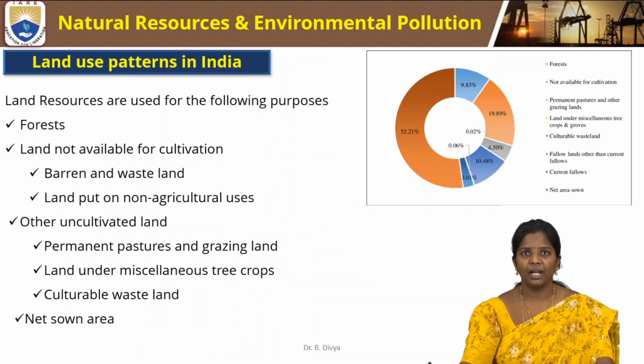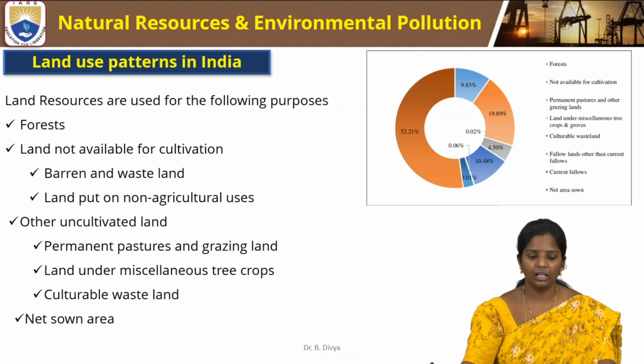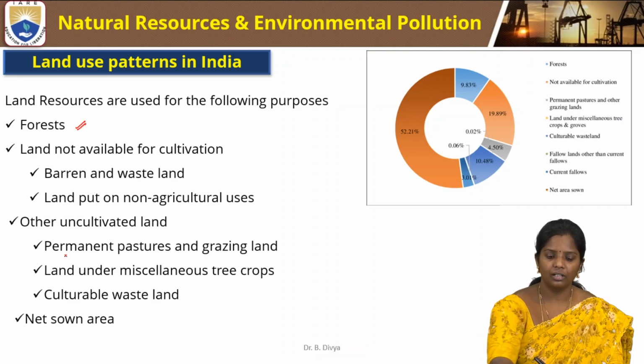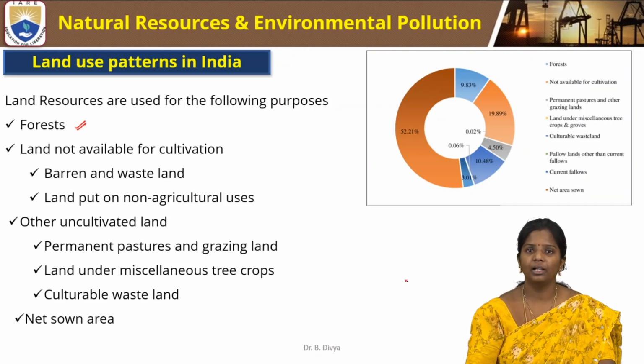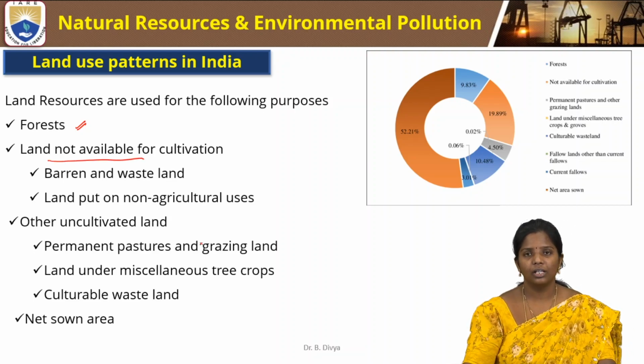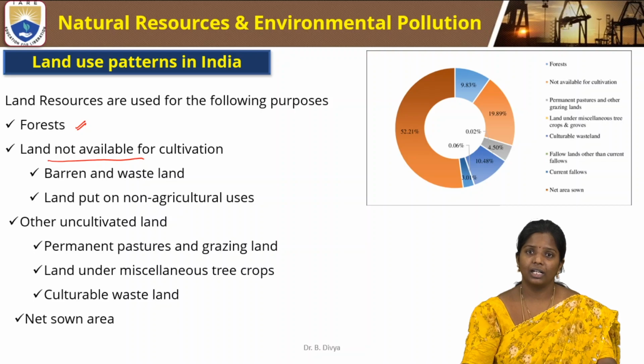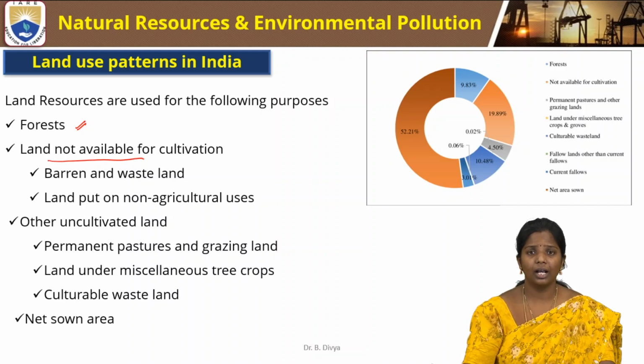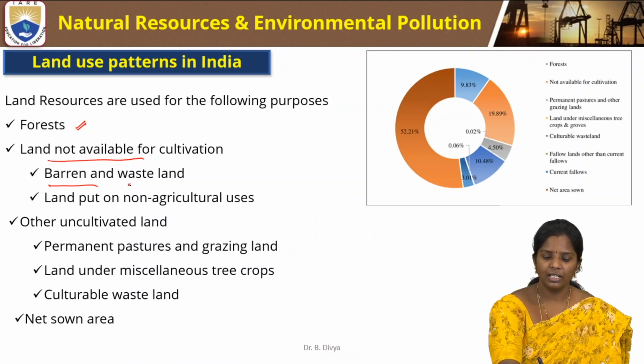So how are these land use patterns, how are we using this amount of land in different areas? Some of it is in the form of forest and land not available for cultivation. There are also some lands that cannot be used for cultivation or cropping, so they are barren and wasteland.